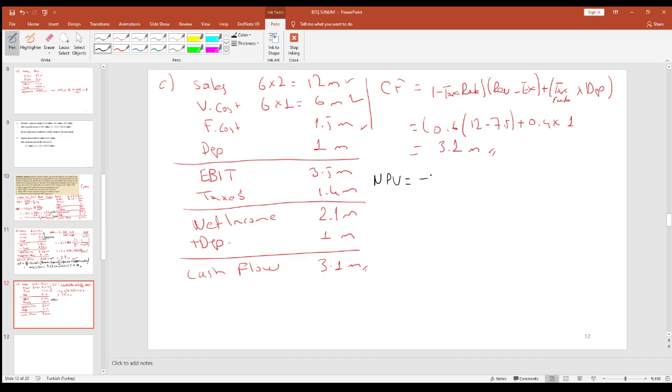So this equals to initial investment plus 3.1 million times present value annuity factors at 10% for 5 years, or minus 5 million, 3.1 times, I will write the open form of this equation. Sorry, this must be 0.